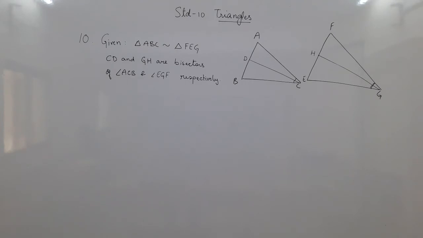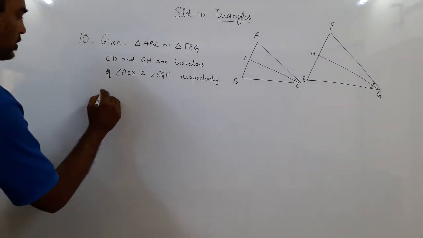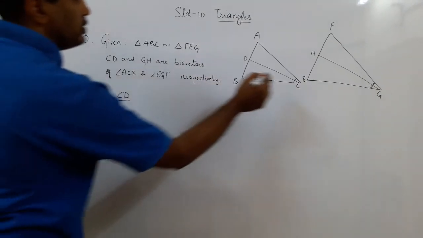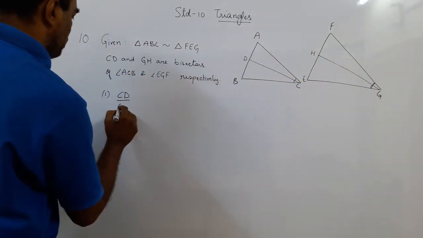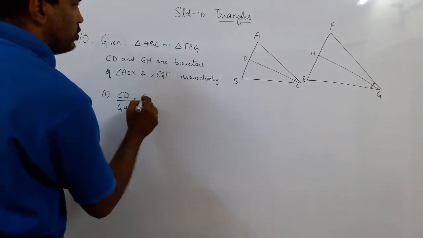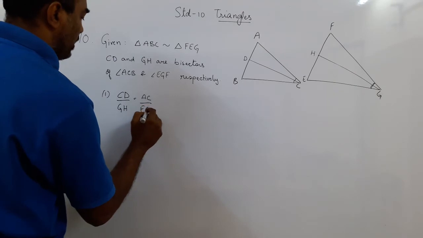Now what do we have to show first? We have to show CD upon GH equal to AC upon FG.